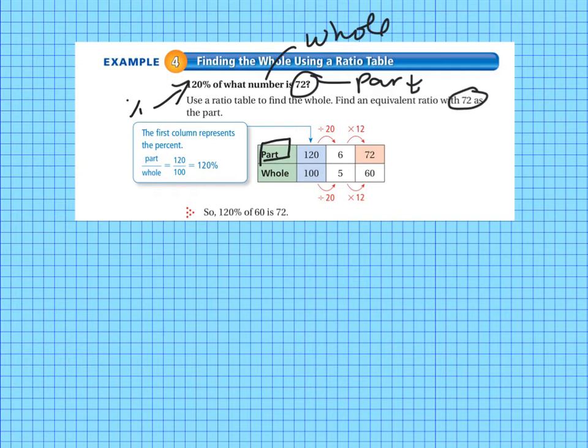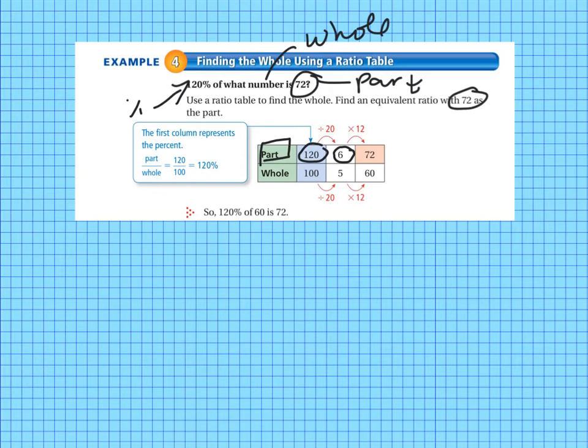So the first column represents the percent. We have 120 out of 100. That's more than 100%. That's 120%. That makes sense. And then we want to get our top box to equal 72. So we have to divide it first, so it can be something that's easily multipliable into 72. So 120 divided by 20 equals 6.